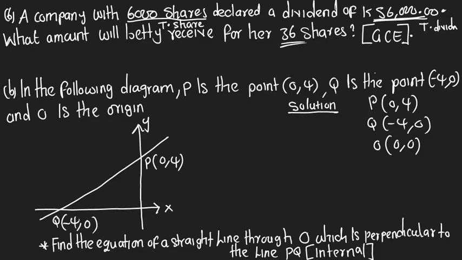How do you find the first gradient? Simple. You have seen these points that you have. You are going to say gradient 1, which is M1, is equal to y2 minus y1 over x2 minus x1.